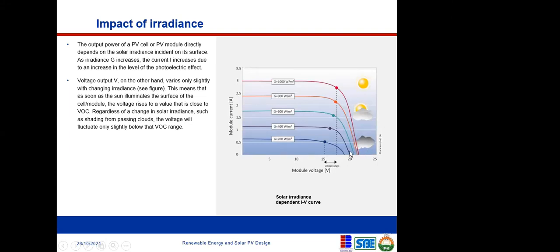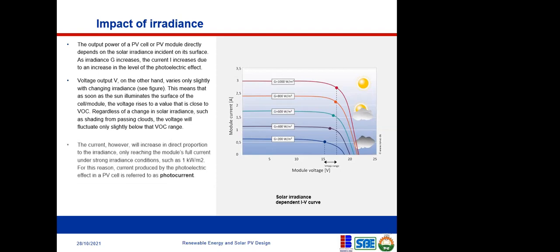So once the sun comes out, the voltage goes close to that open circuit voltage. So regardless of the change in solar irradiance, such as shading from a passing cloud, the voltage will fluctuate only slightly below that open circuit range. I hope this is clear. Any question, please feel free to ask.